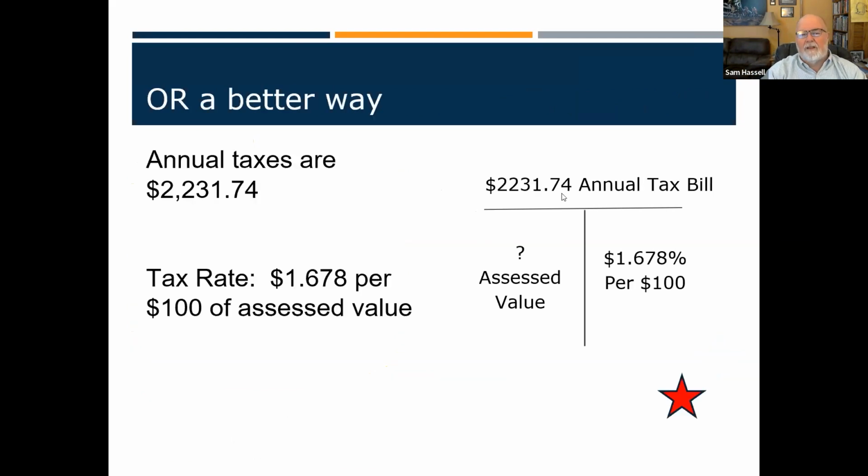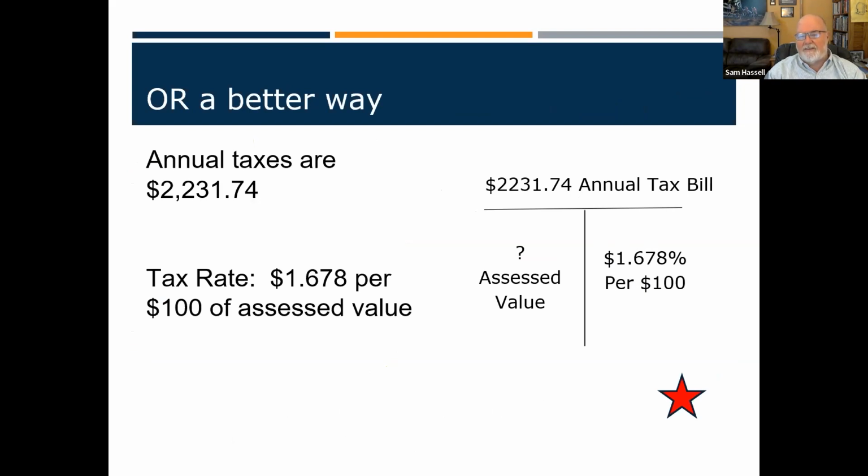Okay? If the annual tax bill is $2,231.74, and our tax rate is 1.678 per 100, what is our assessed value?